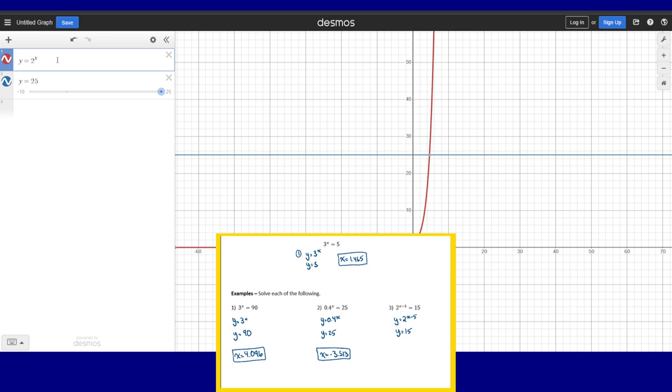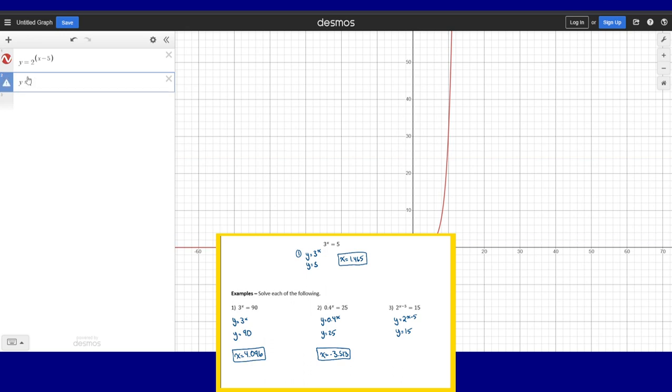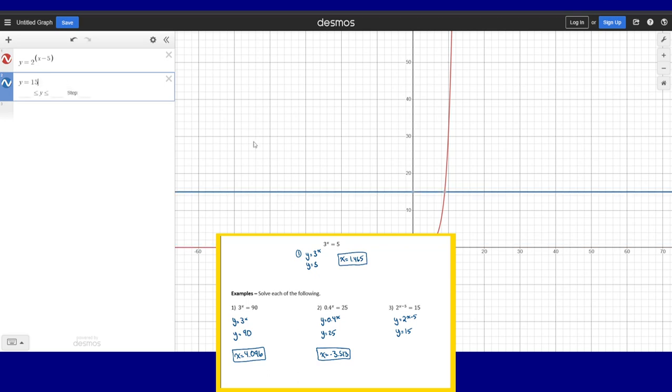You do want to put it into brackets. You might have seen me trying to do it, and the minus 5 is going down low. So you do have to put brackets around the exponent if it is something other than x. And then y equals 15.